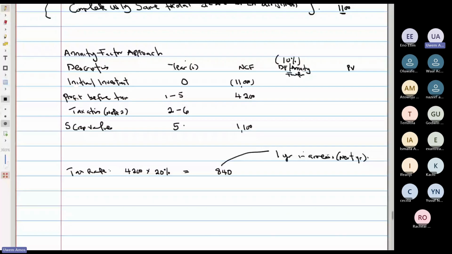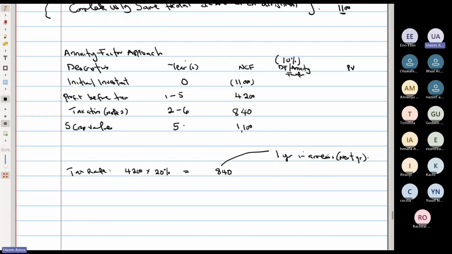So if the tax is payable in the year that we generate the profit, assuming we're paying the tax in year 1, year 2, we pay the tax in year 2, year 3, we pay the tax in year 3. Just like we have our profit before tax, we generated 42 in year 1, we generated 42 in year 2, we generated 43 in year 3, we generated 43 in year 4, and so on. We would have just put 840 here if it is payable in that specific year.